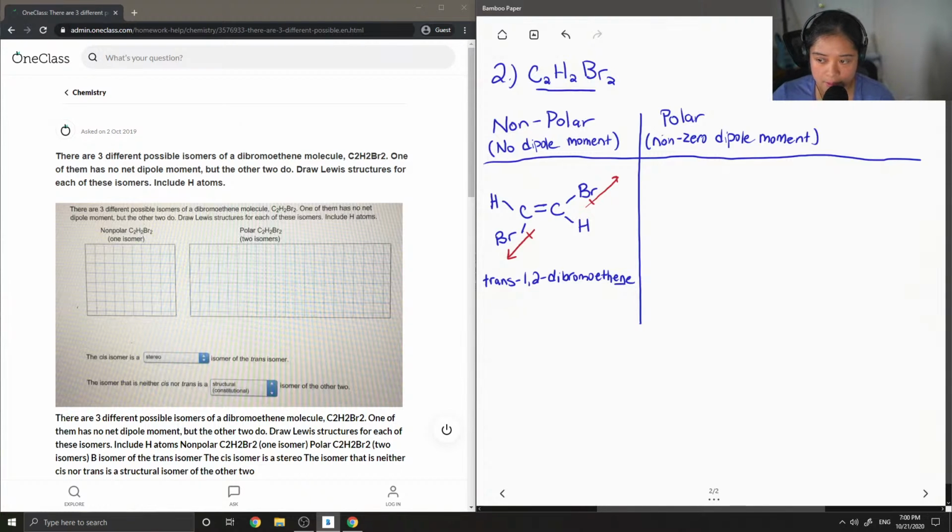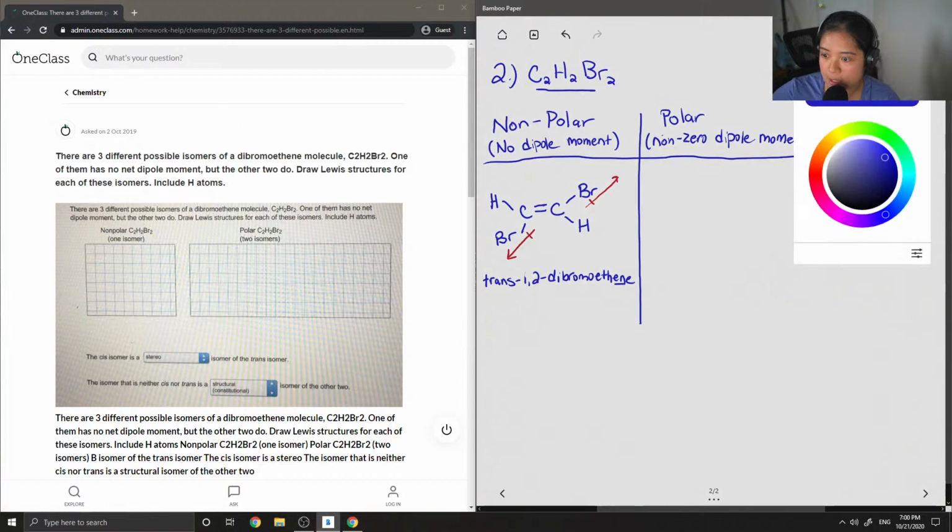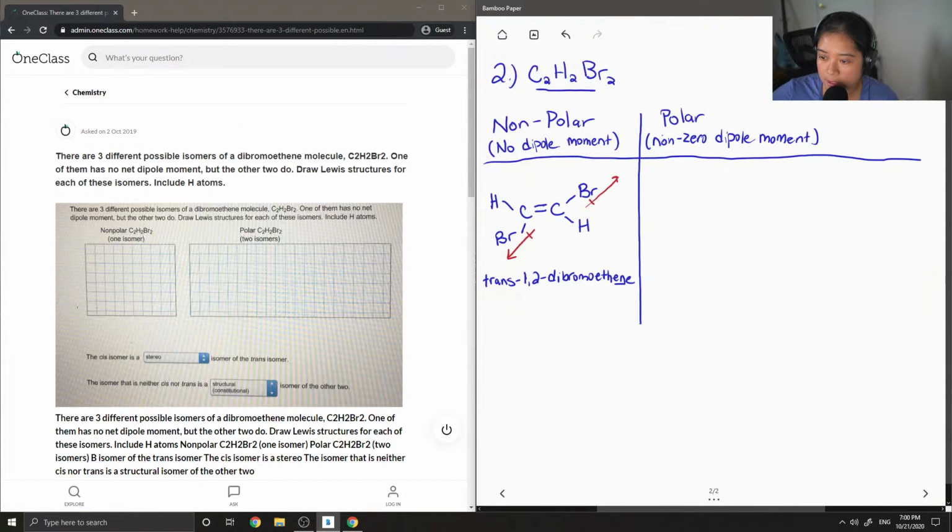Okay, so ene comes from the double bond, and then dibromo means that there's two bromines, and then the 1,2 shows which carbons contain the bromines, and then trans means that they are on opposite ends.